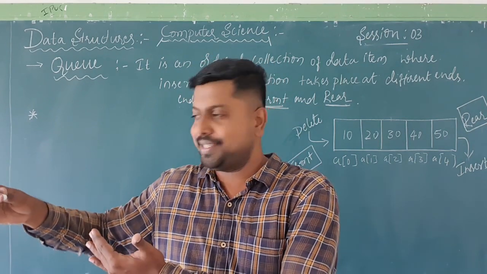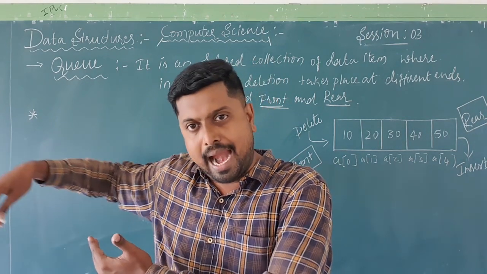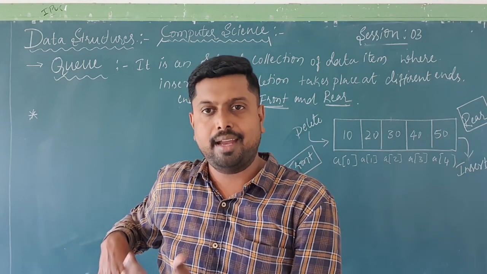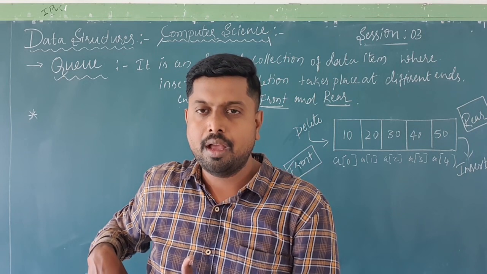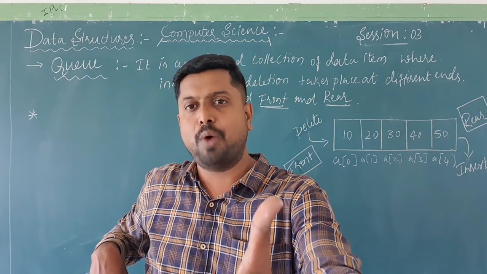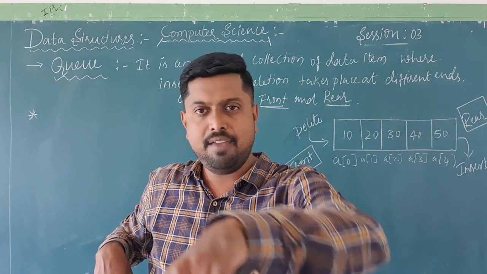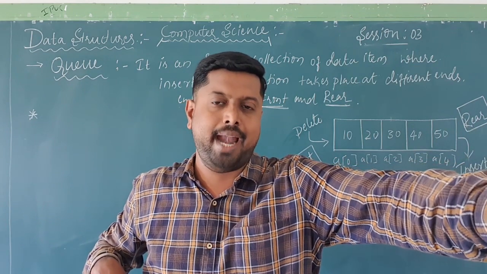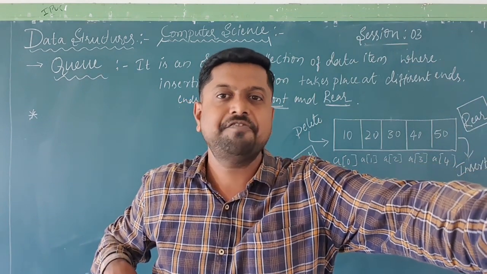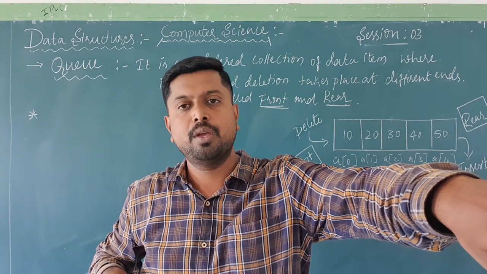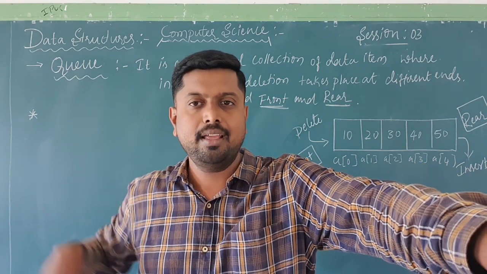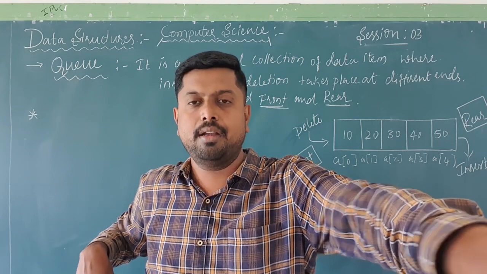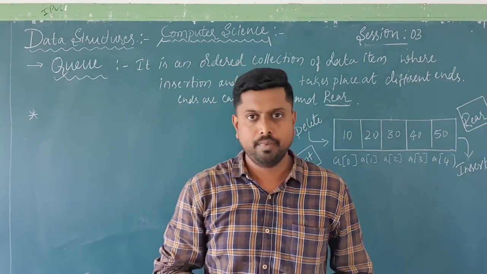The new person will be added at the end. That end is called the rear. After finishing the work, the first person exits from the other end. That end is what we call the front end. So deleting at the front end and inserting at the rear end, that is what we call a queue.